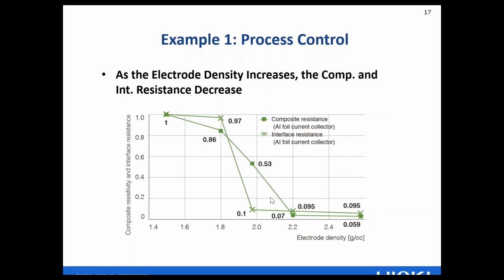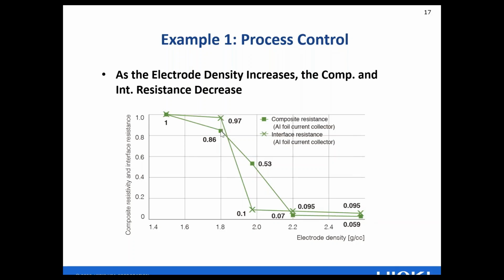That's an application case, process control. In this case, we're looking at the electrode density in gram per centimeter square. So resistivity versus electrode density, and that's one of the parameters to optimize. The cross line here is the interface resistance.